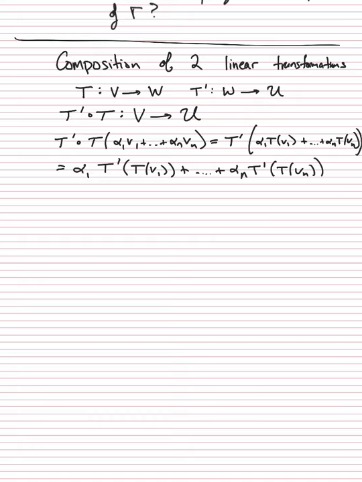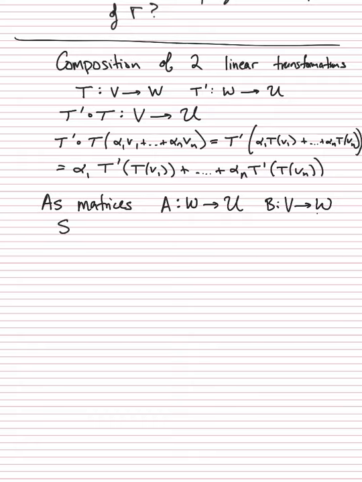Okay, so now, since we have encoded these linear transformations as matrices, we have a matrix A, which goes from W to U, a matrix B, which goes from V to W, and notice, we've had to choose bases for V, W and U for this to make sense.